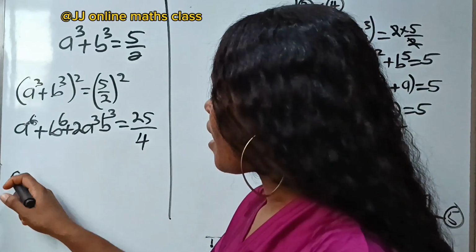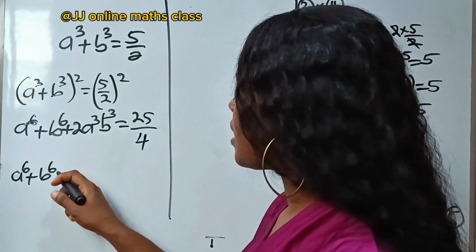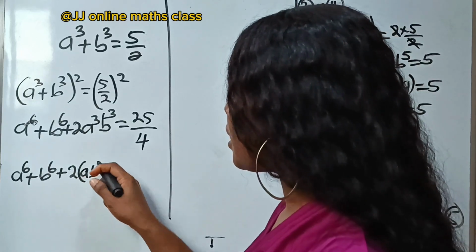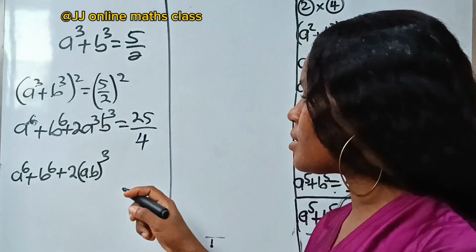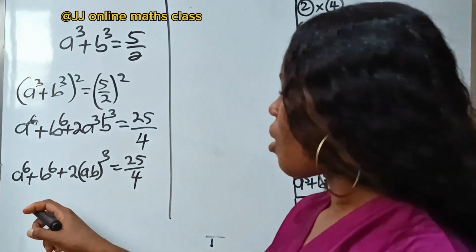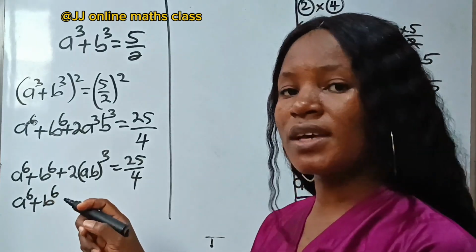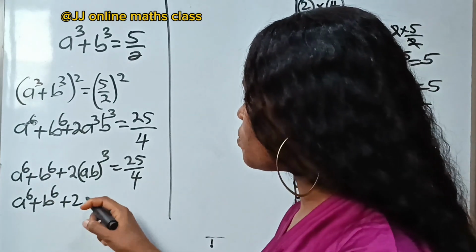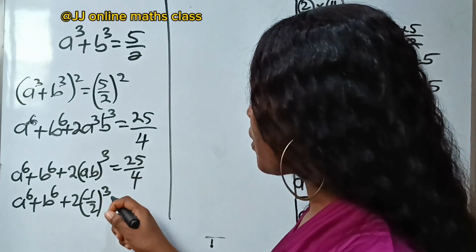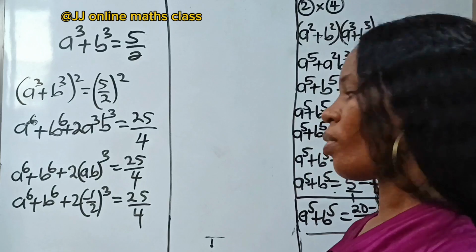So we have a to the power of 6 plus b to the power of 6 plus 2 brackets, the same thing as ab to the power of 3, is equal to 25/4. So we have a to the power of 6 plus b to the power of 6 plus 2 brackets ab, which is minus 1/2, raised to the power of 3, is equal to 25/4.